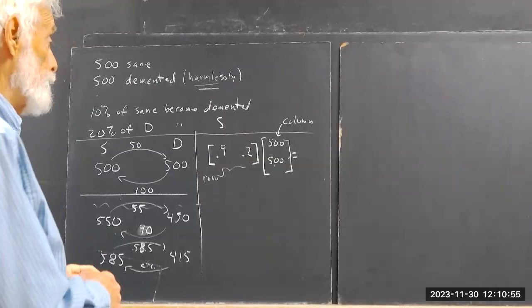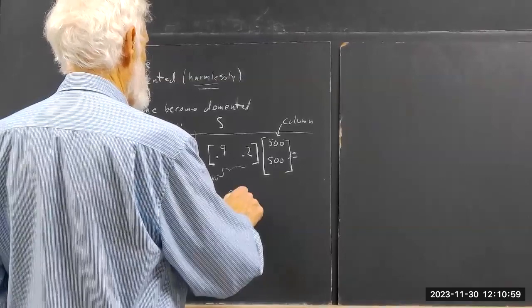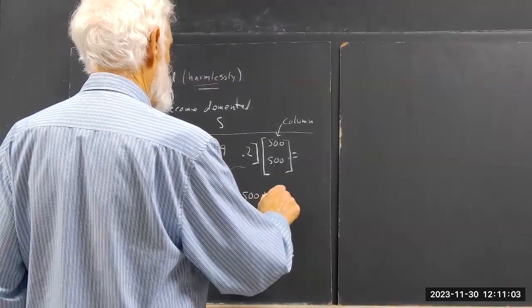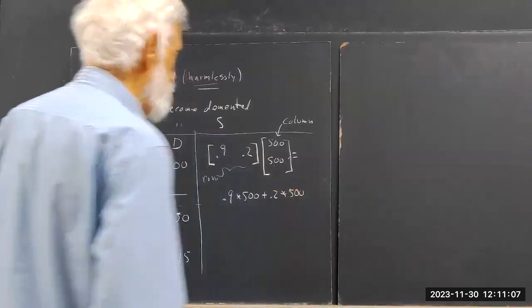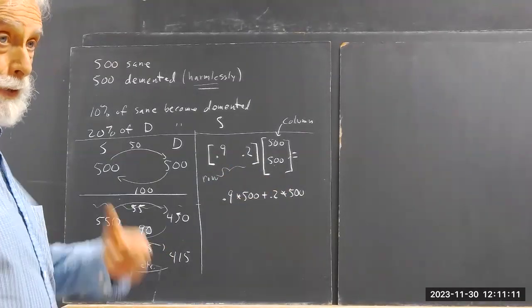Okay, so in this case, this would be 0.9 times 500 plus 0.2 times 500.